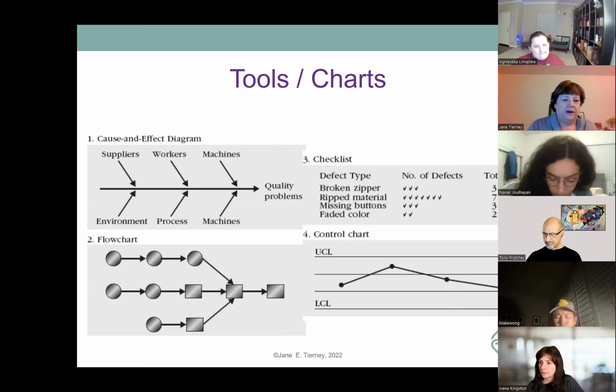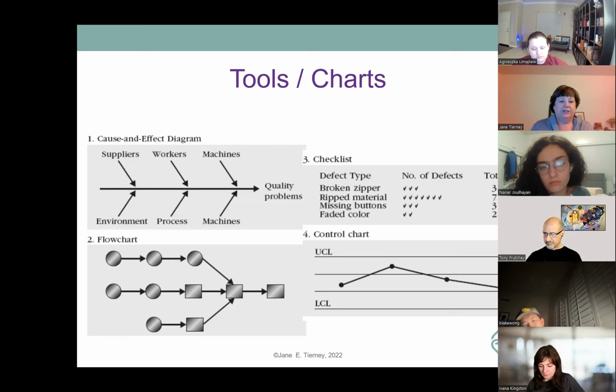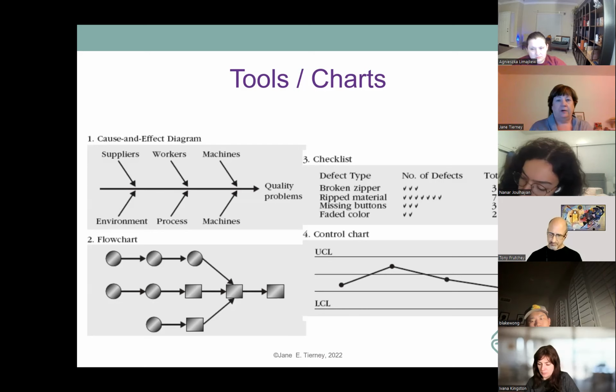So the way I was taught to do this is you look at the 4 M's, which are men or people, methods, which is the process, machines, which is any of the equipment, and then you look at material. So material, men, machines, and methods. So those are the 4 M's. Then you also add in the environment.